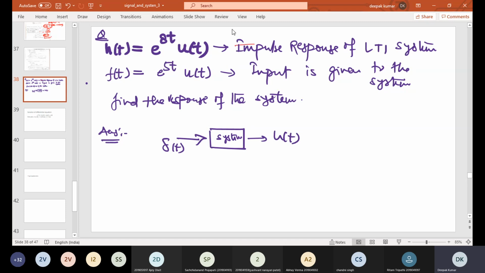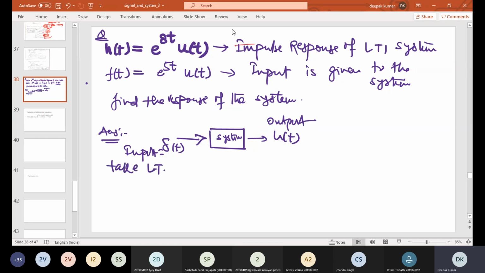So according to this relationship, according to this block diagram, see what happens if this is the impulse input, this is input and this is output.